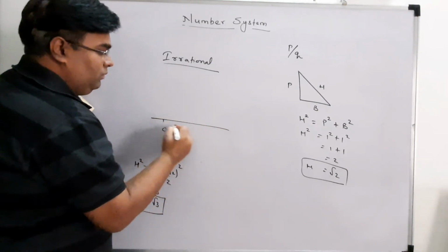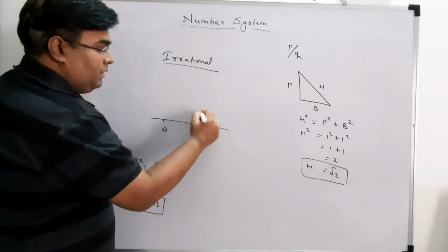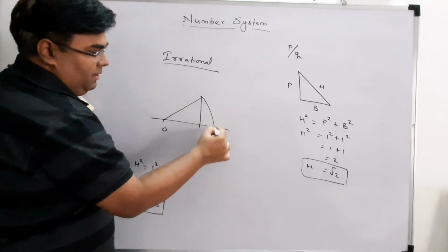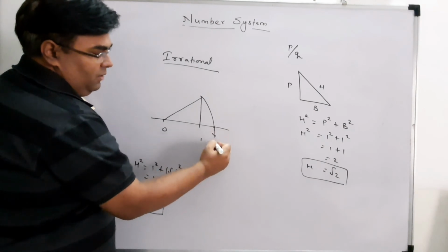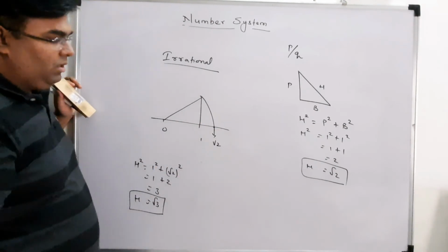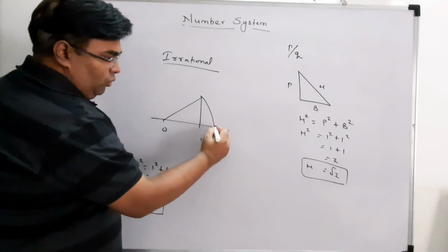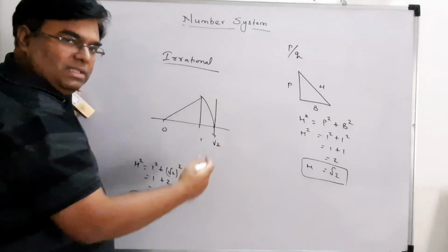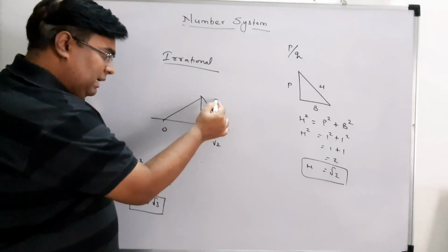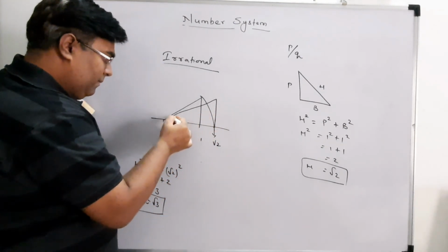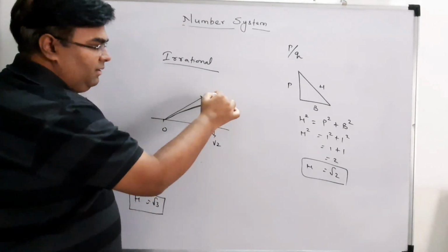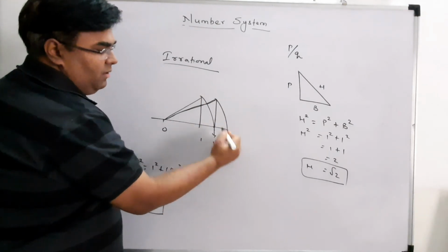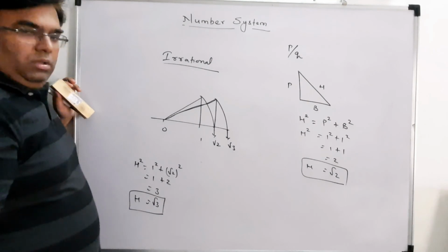Right? This is 0, this is 1. Suppose I did this, and suppose this is my root 2. So what we can do, on root 2 we can make another perpendicular line which is again 1 centimeter, and then next time we will join this point, and then again by rounder or compass, this is my root 3.